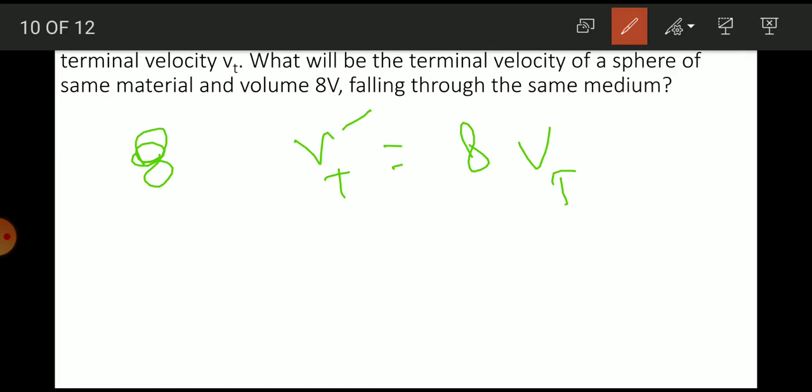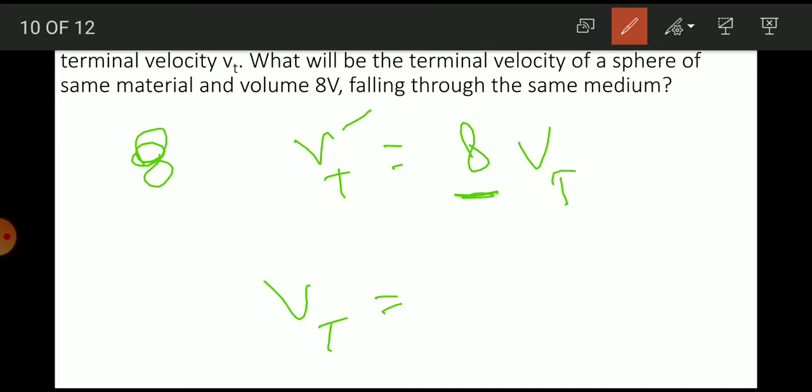After simplification, you will write 8 here because it is given in the condition that the new terminal velocity is of a sphere of the same material and volume 8V.